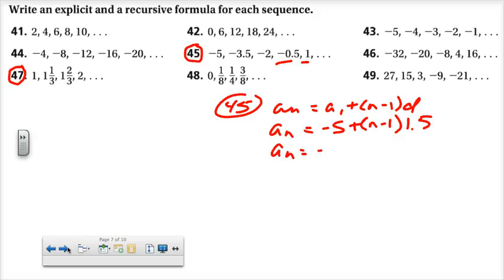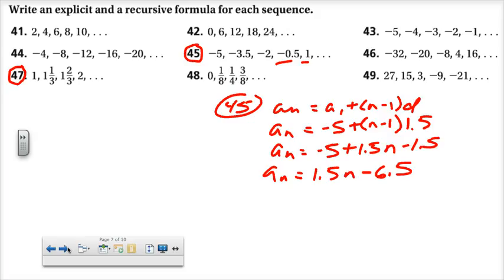Now we would distribute from the right-hand side, and then we would go ahead and combine like terms, and there is our explicit rule. Now, we need recursive. And with any recursive, you have to start by giving them the first term. So your first term there is a -5.